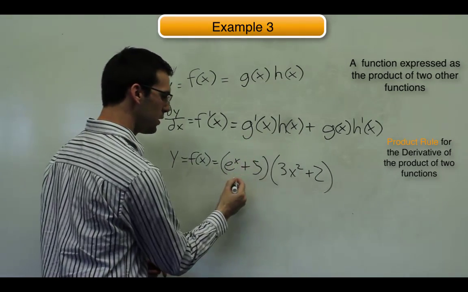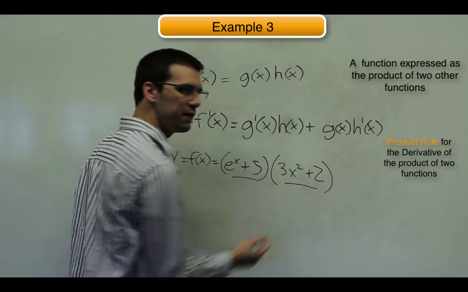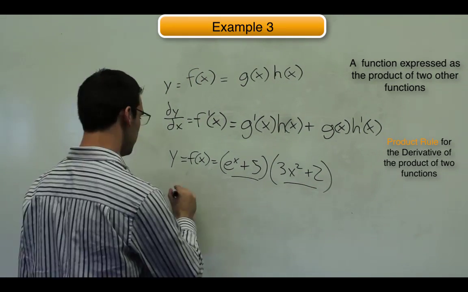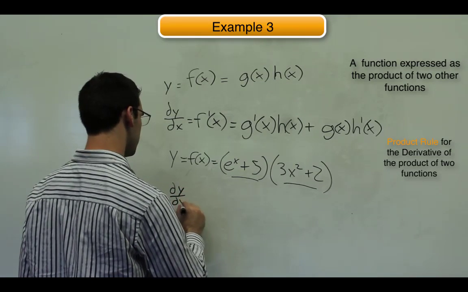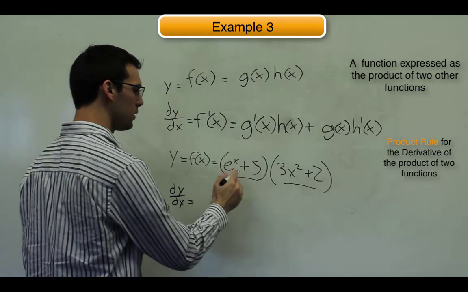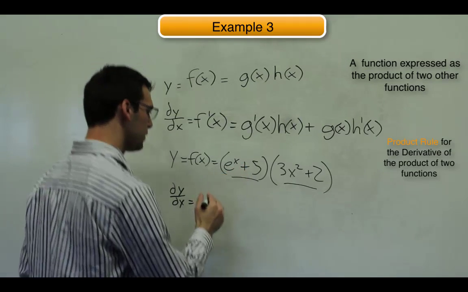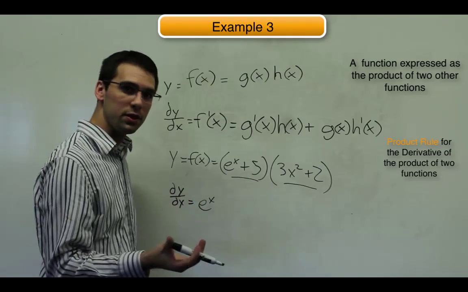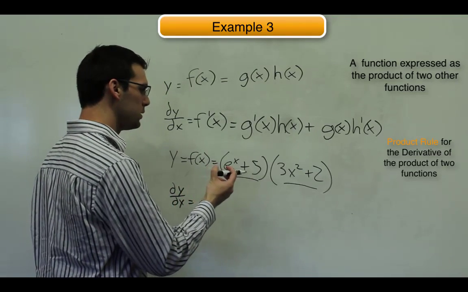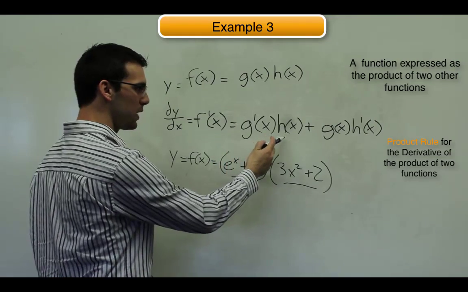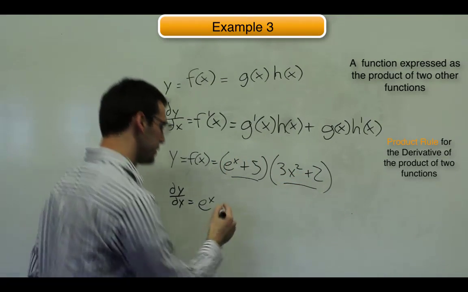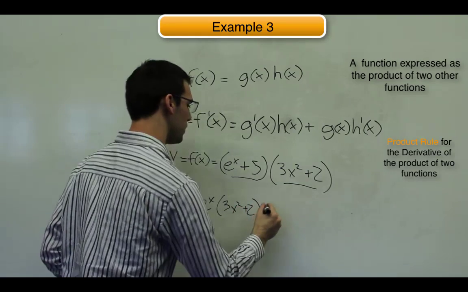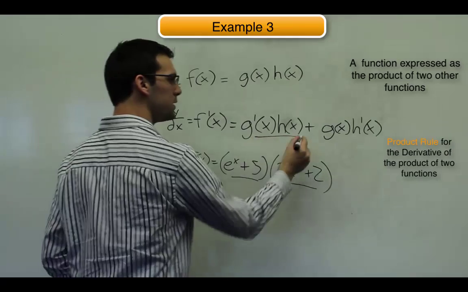Then, once again, this is our g of x, this is our h of x, and we say dy over dx equals the derivative of this first one, which is e to the x, using the exponential rule. And we multiply that by h of x, which is 3x squared plus 2. And so that part is done.